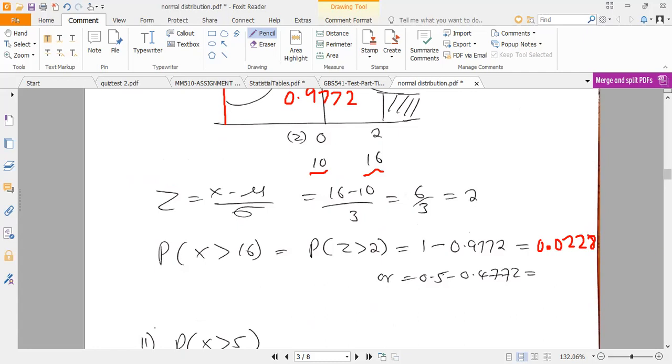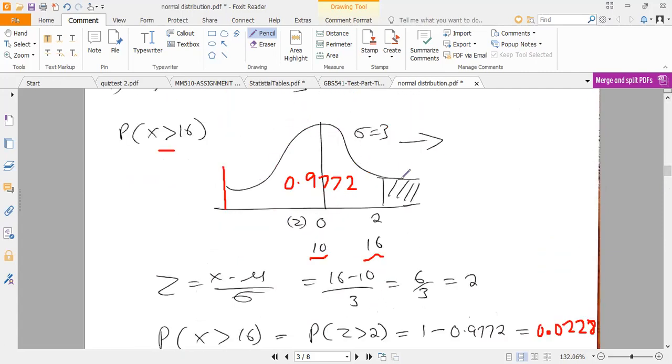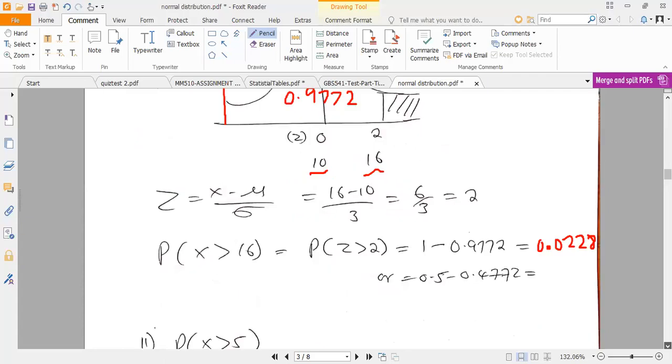Great. Okay, so we've done the 4 steps. Number 1, illustrate. Number 2, shade. Number 3, standardize. Number 4, read and apply. Our application is we're going to subtract because this shaded region is smaller than 50.